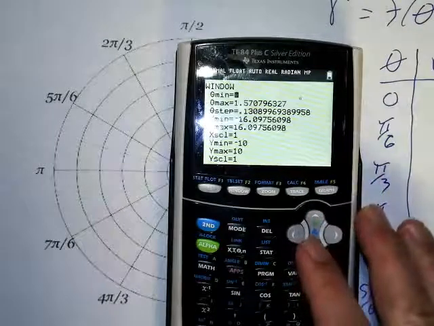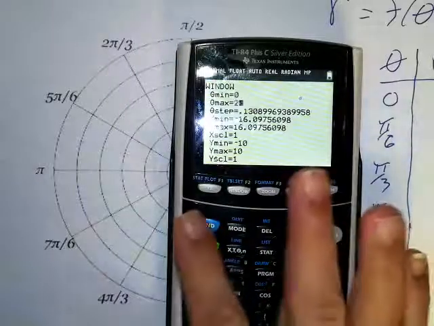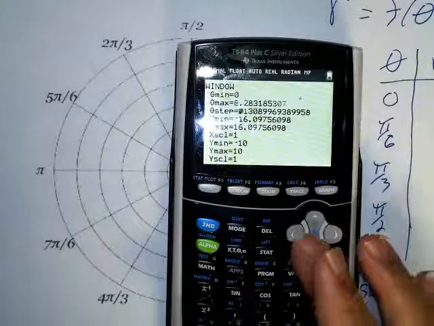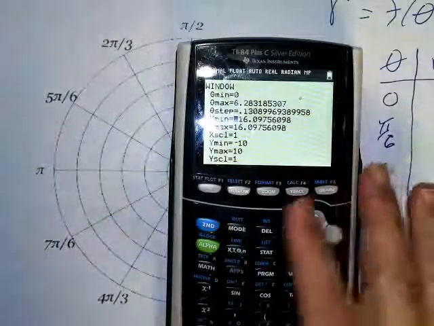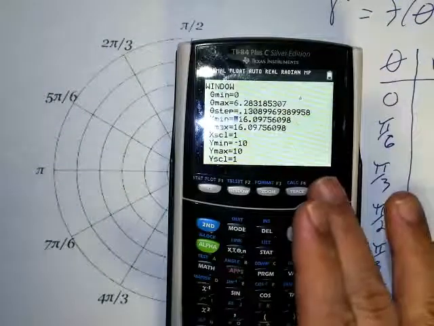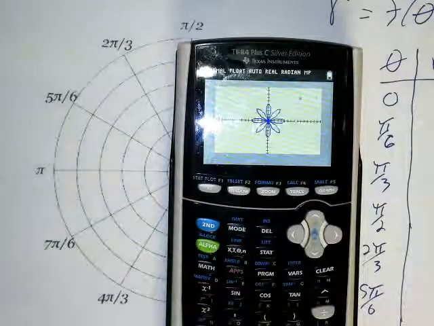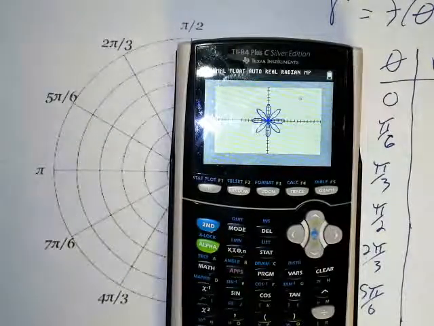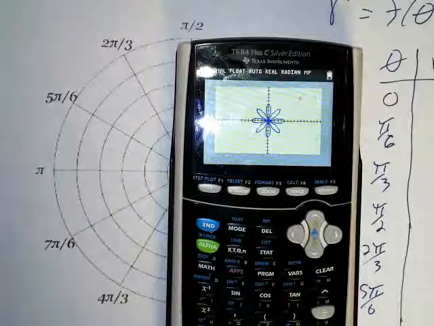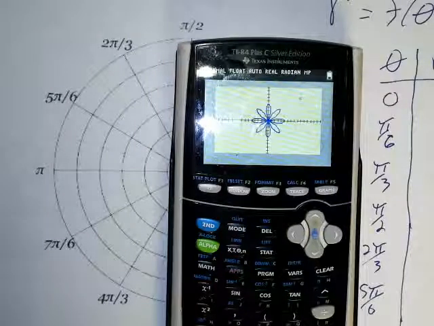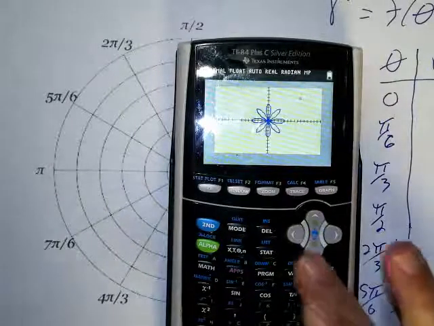And let me do 2 pi here. And all this, you just have to play and practice. You could learn all kinds of different things here. But when I do this, these are called rose curves. They're like a rose, like a flower. And so you see what I got here is 8 of them. It doubled it. Okay?